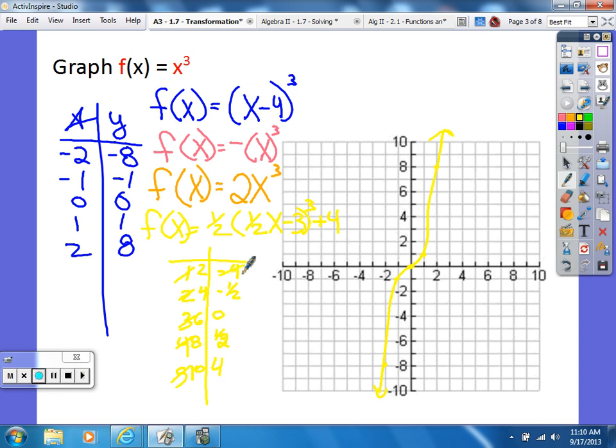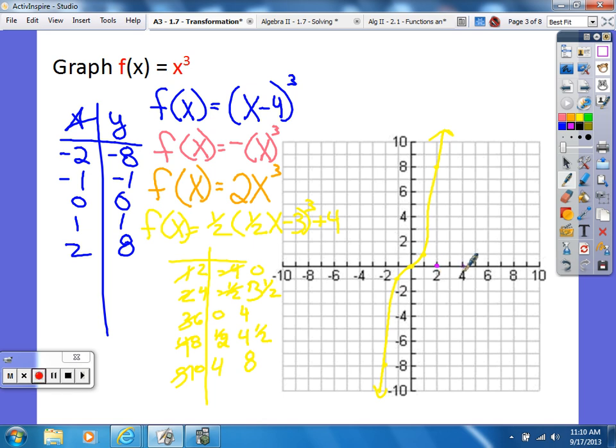Yeah. So I'm going to add it. I get 0. I get, oh, I'm sorry, that would be wrong. 3.5, okay. 4. 4.5, and then I get 8. So now let's graph that. Let's pick a bold color. Let's go with purple. So I go to 2 and to 0.